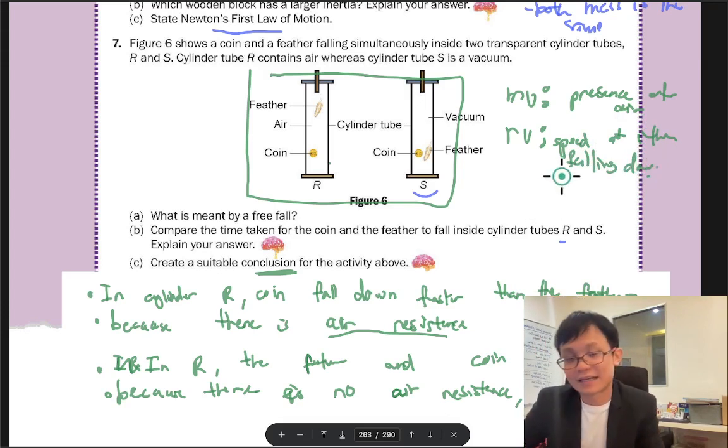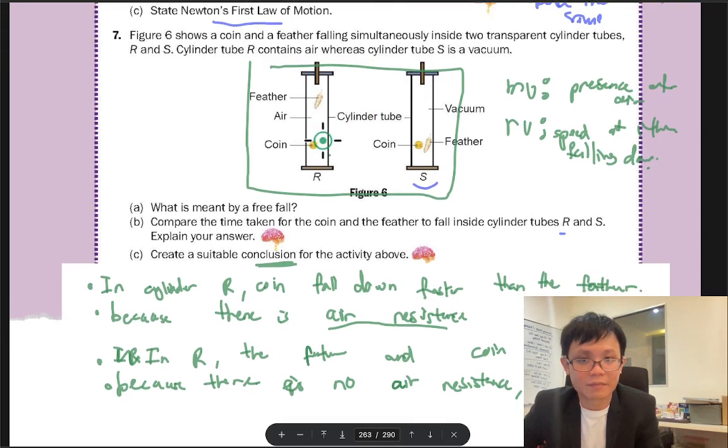So I can say that if there is air, the speed of the coin will be faster than the feather. If there is no air, the speed of the coin falling down is the same.